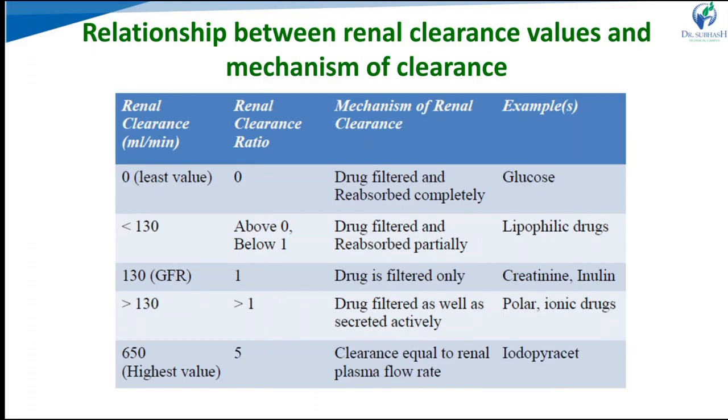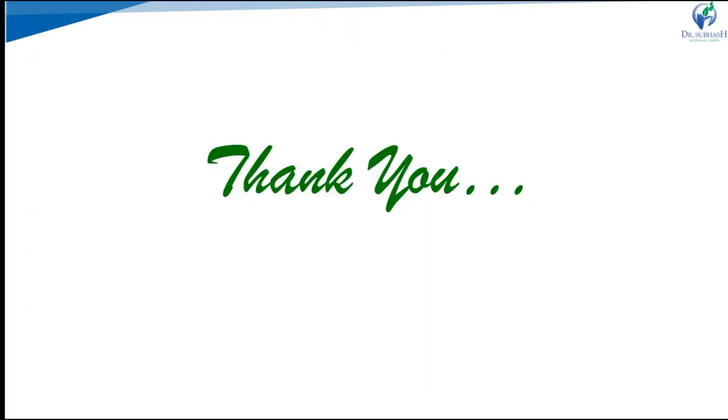If the renal clearance ratio is greater than 1 and the GFR value more than 130, the drug is filtered as well as actively secreted. In that case the net effect is glomerular filtration plus active tubular secretion. So these are drug excretion and renal clearance. Thank you.